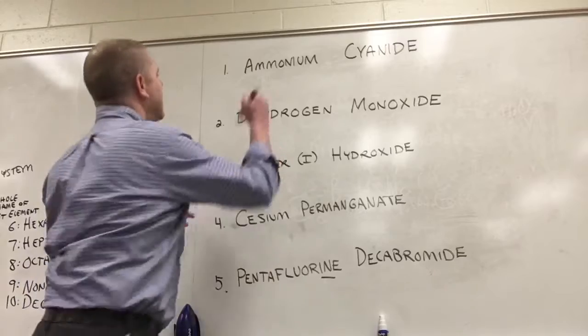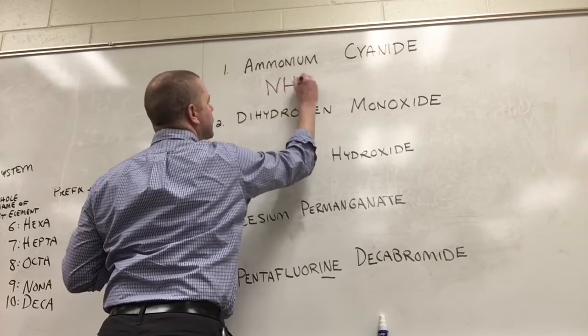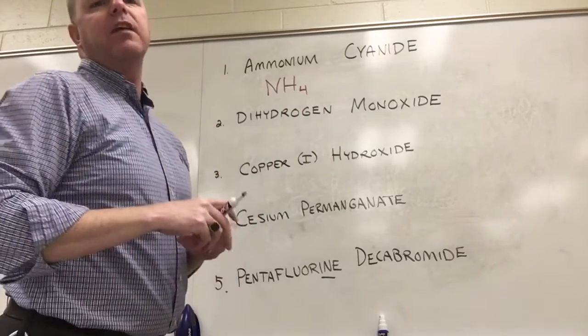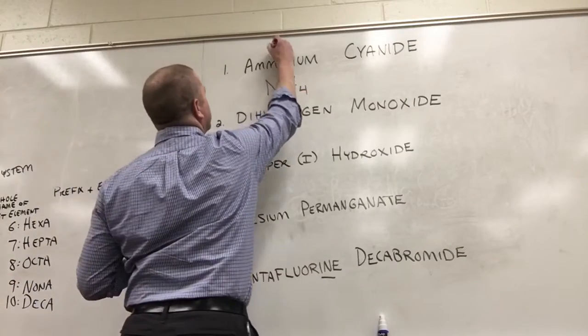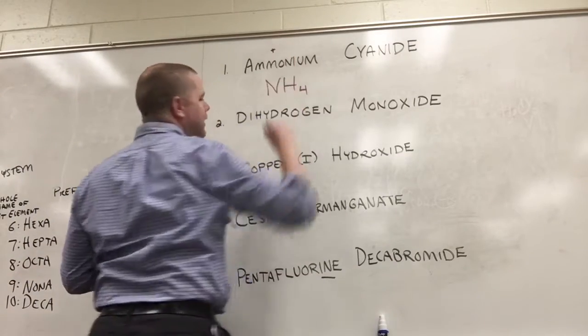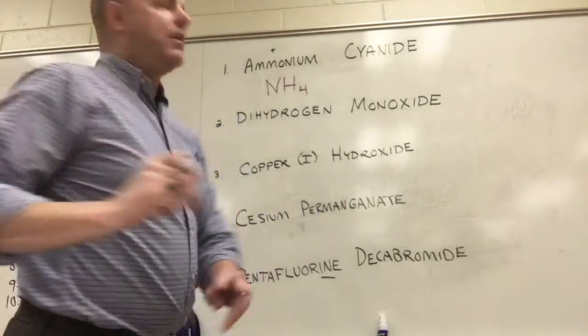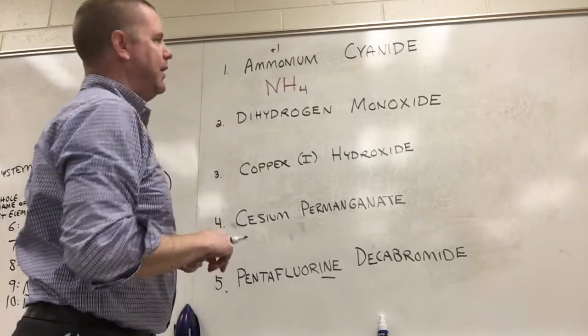And so ammonium is NH4. Now, I don't want to put the charges with the formula because I just think it gunks it up and makes it messy. But what I usually do is I'll put it over the name. And if we look on our polyatomic ion sheet, it said +1. So ammonium is looking to give away 1 electron.